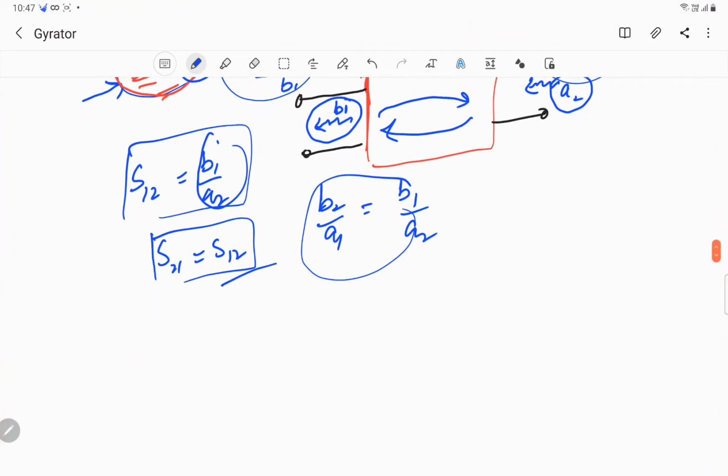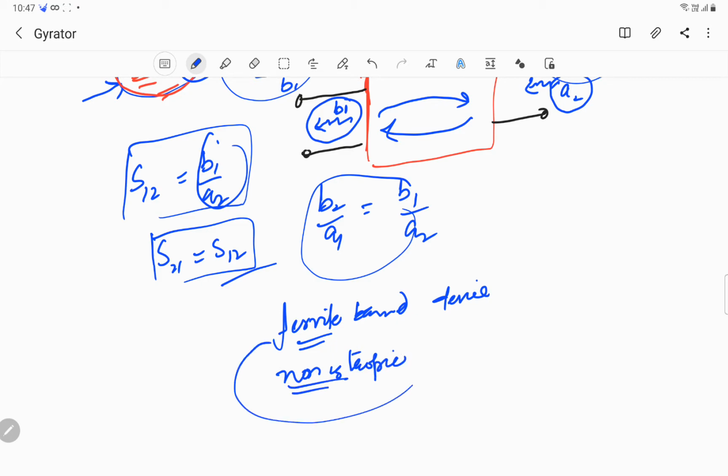Since a gyrator is a ferrite based device, and ferrites inherently are non-isotropic, the properties of ferrites are different in different directions.